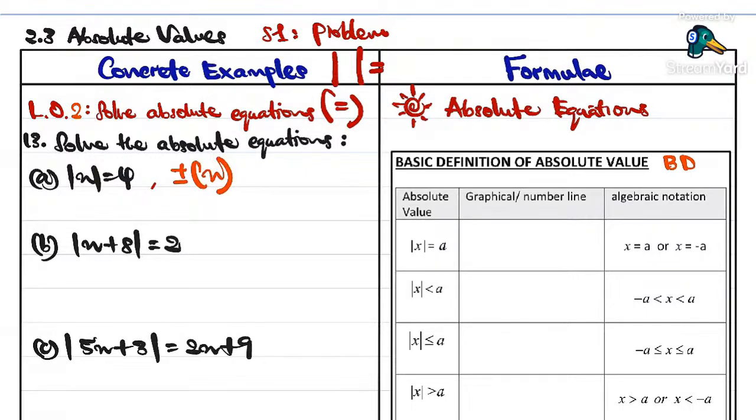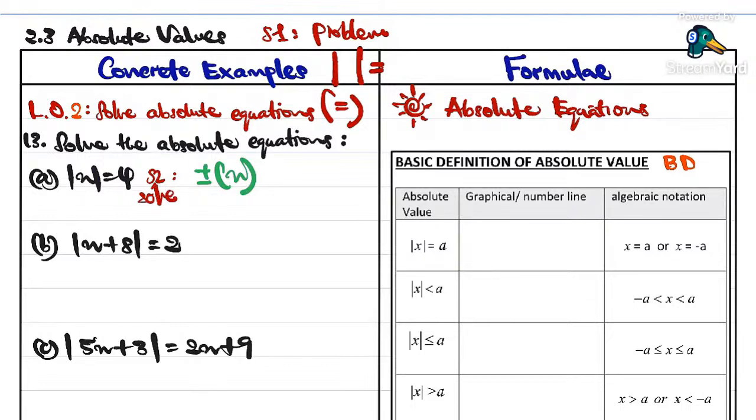The second step is, let me use a different color, solving. So we are going to solve now. Step 1 is the problem. Step 2 is solve it.